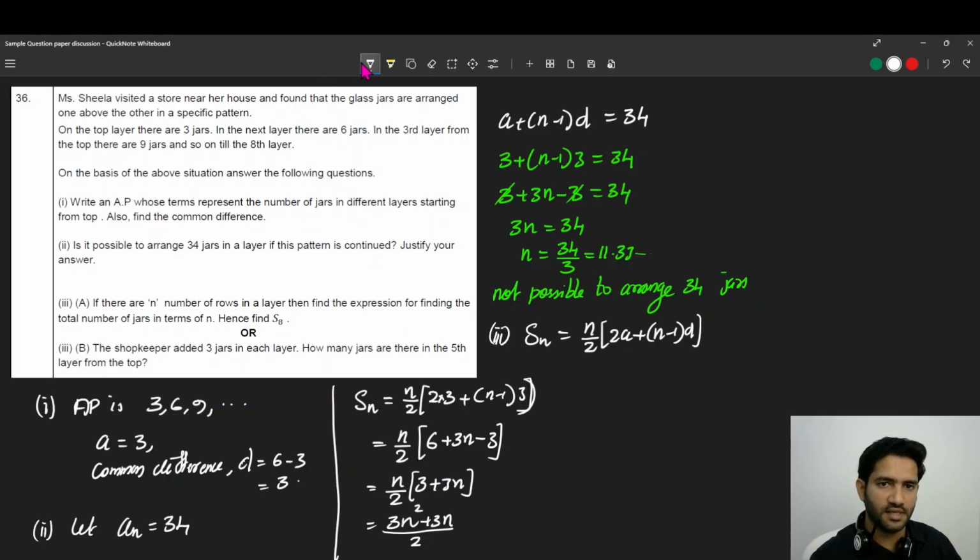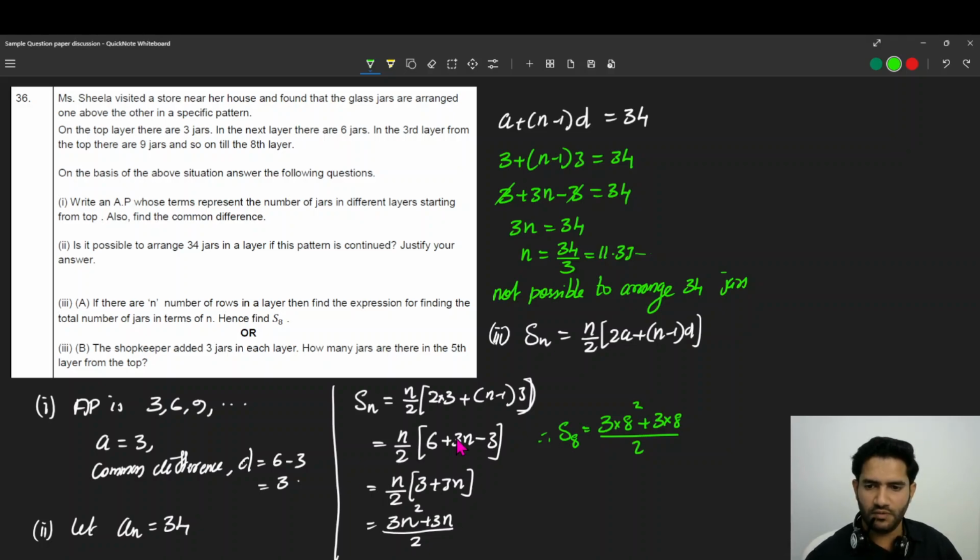Hence find S8. Therefore, S8 is equal to, just substitute n is equal to 8, that's all. So we'll get 3 into 8 square plus 3 into 8 divided by 2.